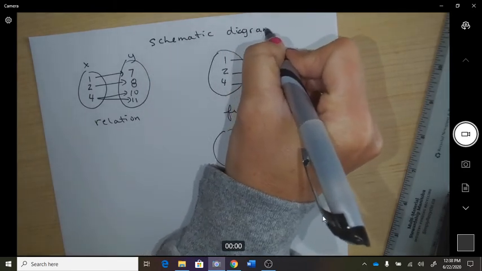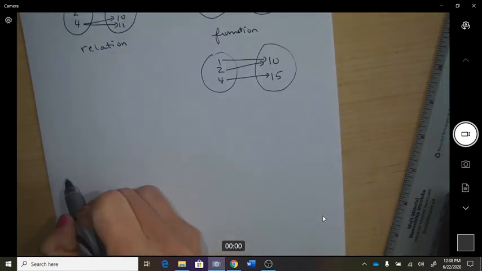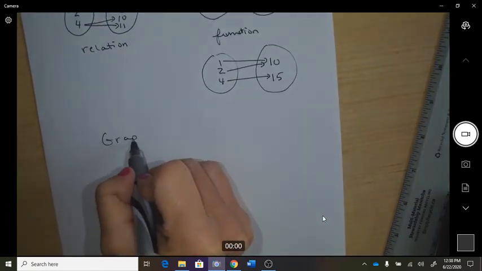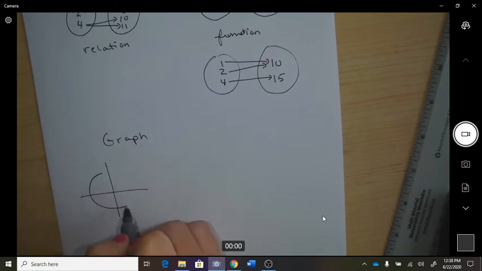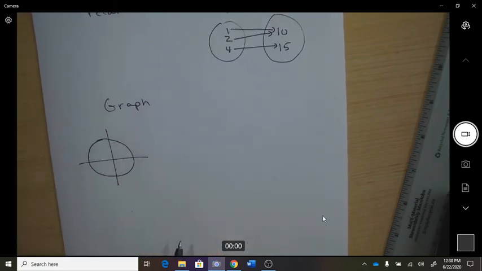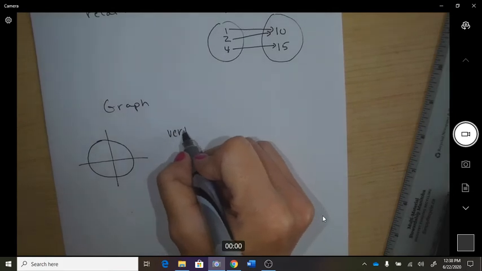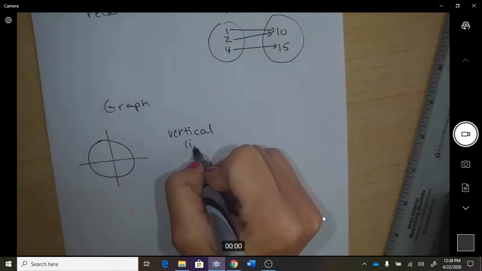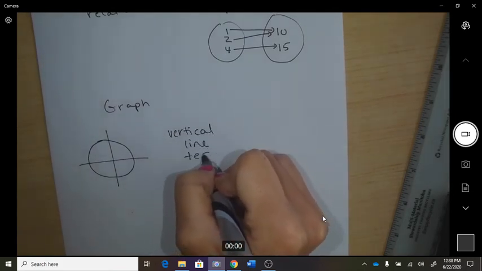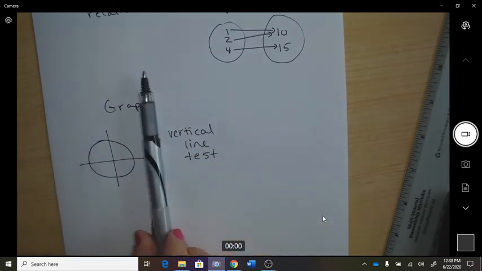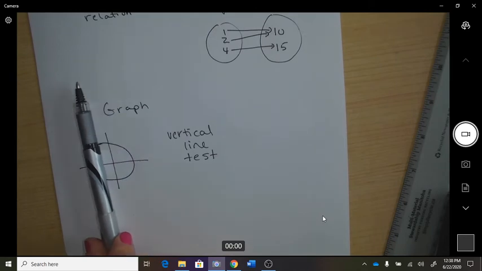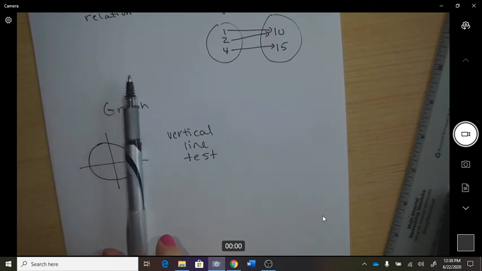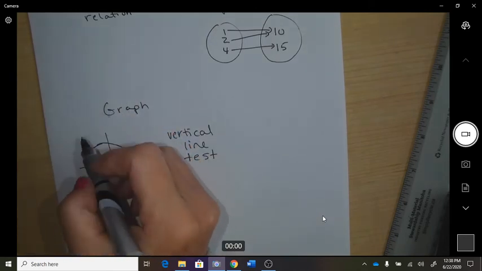And what if you see this on a graph? So on a graph, your test is a vertical line test. So just pretend you had a vertical line, so like a pen, that's a vertical line. If you ever hit 2 or more points, then it is not a function, it's just a relation.